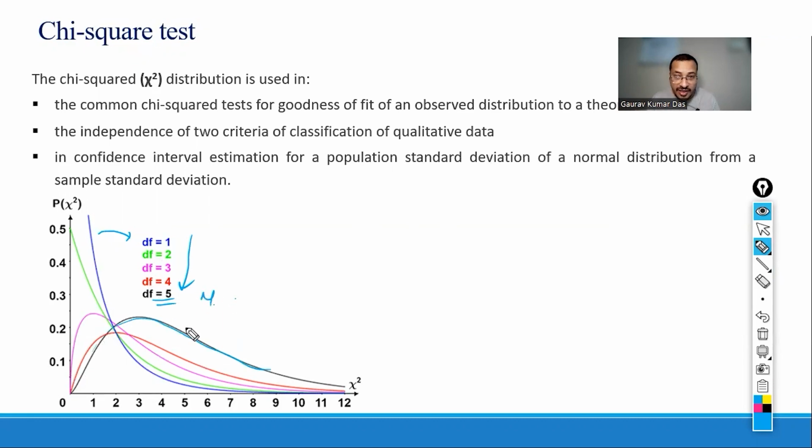If I have DF30 here, the curve will look like this. This is something we noticed with Poisson and binomial distributions also. When we increase the number of trials, all these distributions tend towards a normal bell curve or normal distribution.